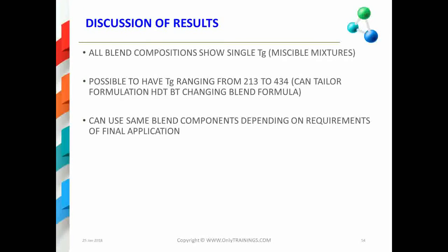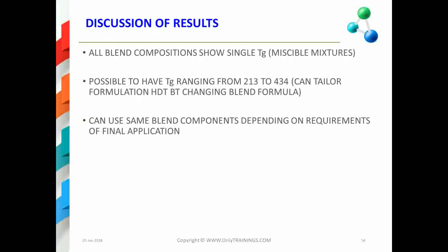As I showed on the last slide, by changing the blend composition, one can certainly tailor the Tg value, and hence the HDT value, of the blend to achieve a specific value that is dictated by the particular application for which a blend formulation will be used.